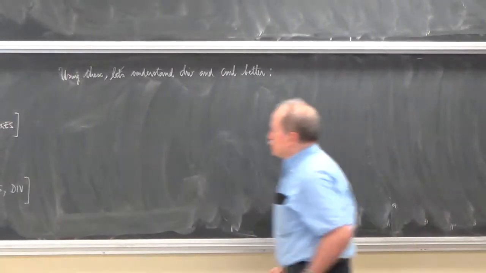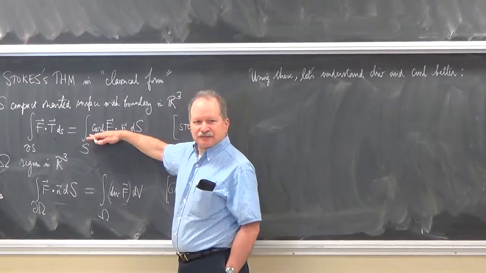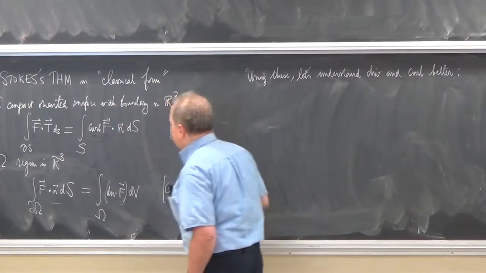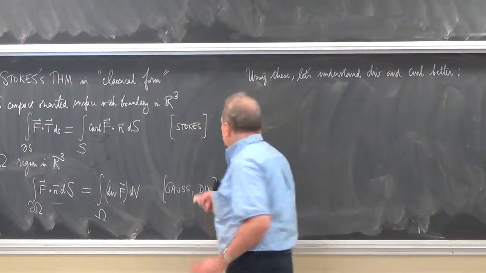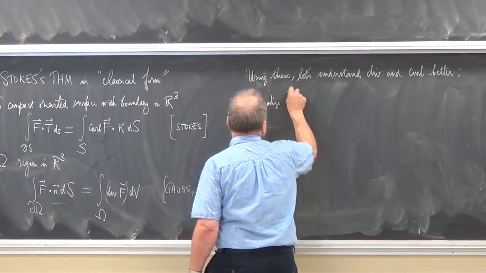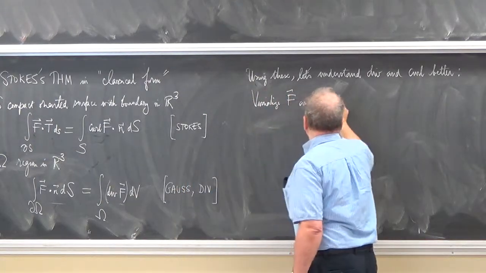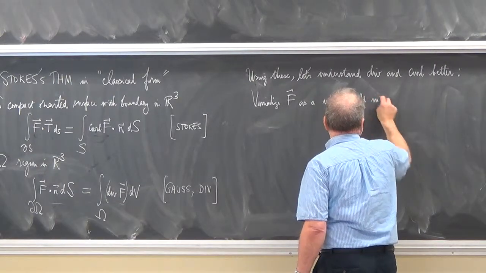Okay, so imagine that you wanted to know what curl of f was at a point. So I'm still suggesting that you think about f as a velocity field in moving water.